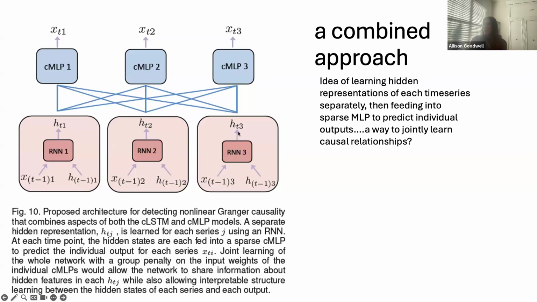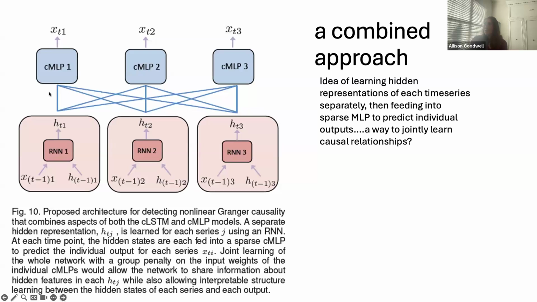create individual recurrent neural networks and get the hidden states. And so then the multi-layer perceptrons are basically getting these different hidden states, and each one is predicting one of the outputs.